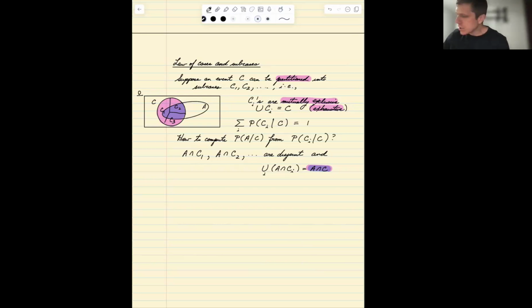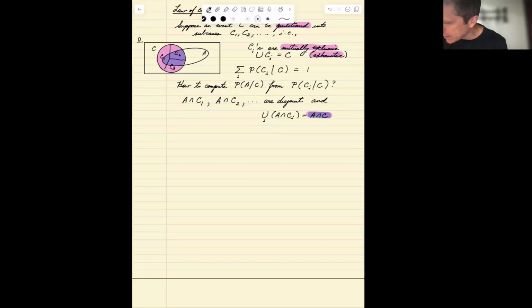So what does that tell us? We have the probability of A given C. What's the definition of that?